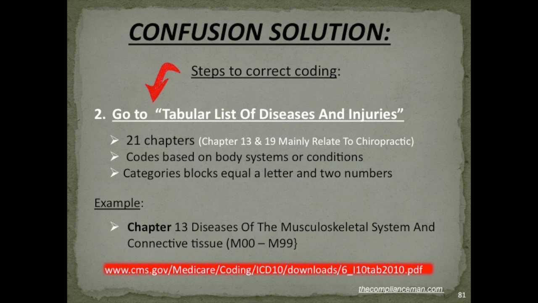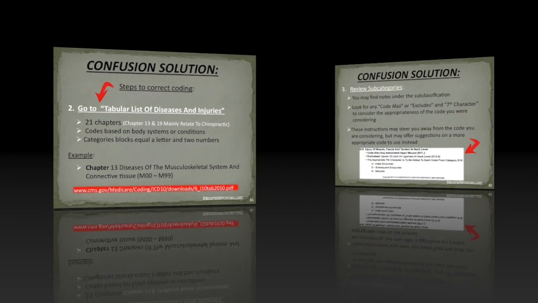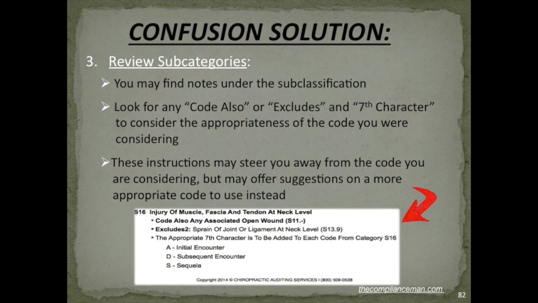Using the link that I've already sent you, you will go to the tabular list using the ICD-10 equivalent code and find the block where it's located. Remember that the code blocks are equal to a letter and two numbers. So for example, in Chapter 13, diseases of the musculoskeletal system and connective tissue, the blocks would be divided into M00 to M99.